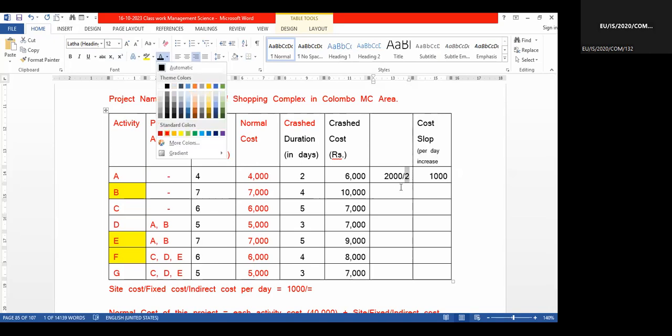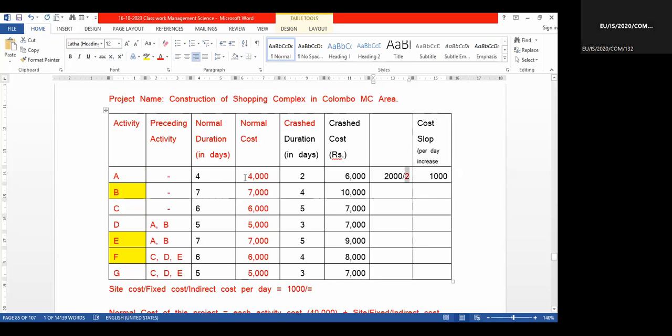Because the number of days reduced is 2. Normal cost 4,000, crash cost 6,000, because we have to finish it quickly. Therefore, we have to use extra machineries, manpower, overtime, etc. So the cost increased by 2,000 for 2 days. So per day it's 1,000, right?